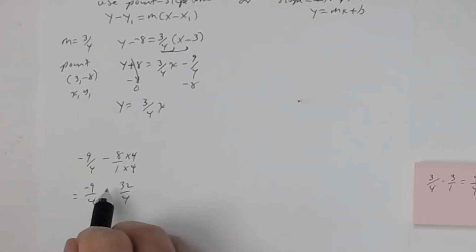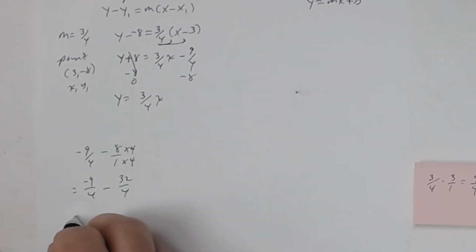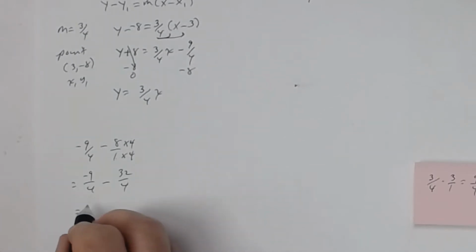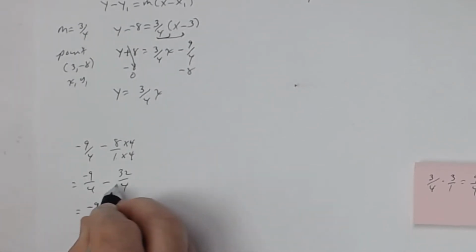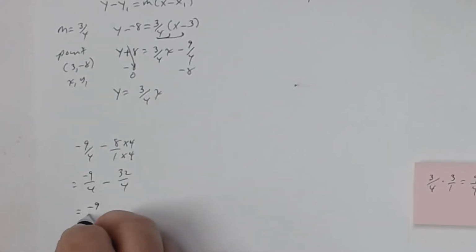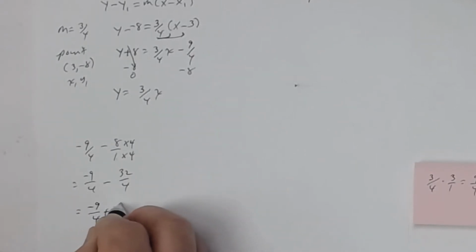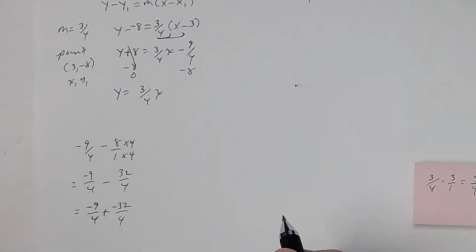But if that confuses you, just remember subtraction means adding the opposite. So the opposite of a positive 32 would be a -32. So this numerical expression means the same thing as -9/4 plus a -32/4, if that helps you.